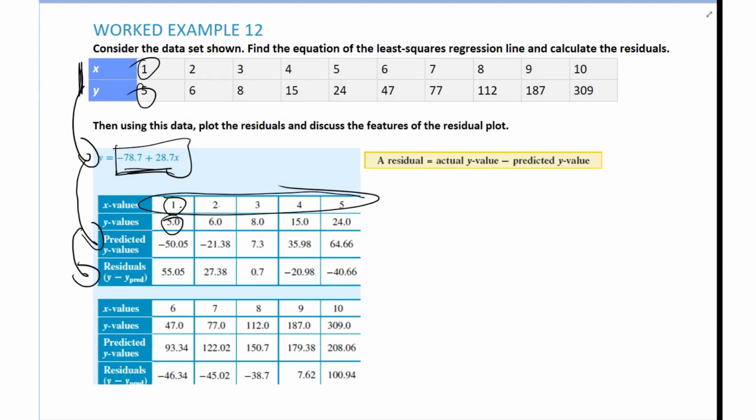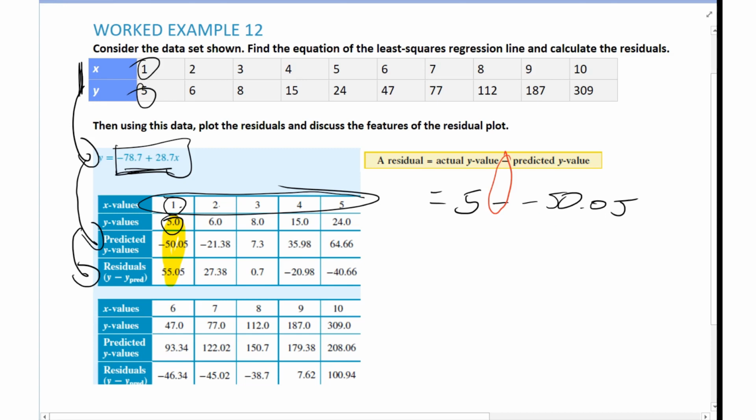So how to calculate a residual, you get your actual Y value. So for that first one, let's just pick this one here for the moment. My residual is going to be 5, because that's my actual Y value, minus minus 50.05, which is the predicted Y value.